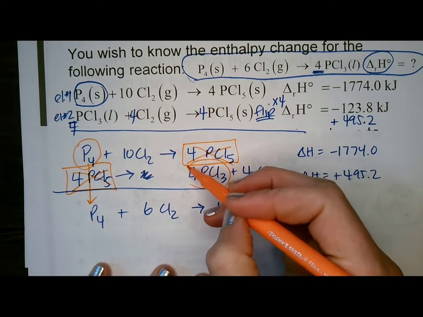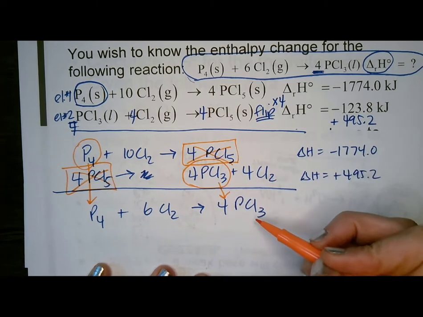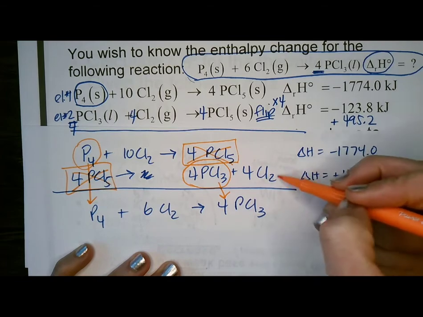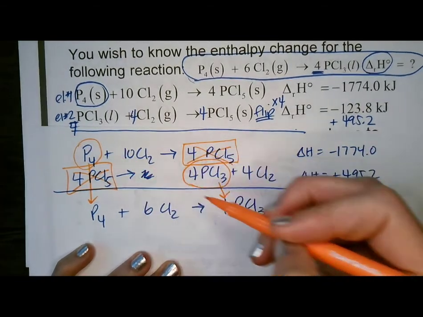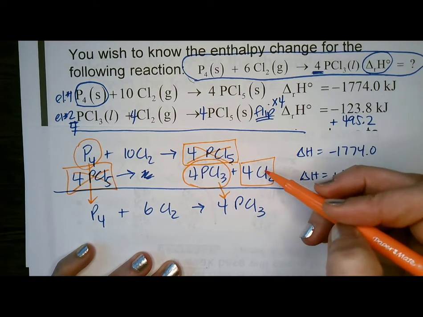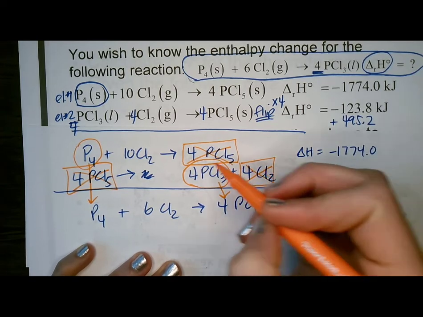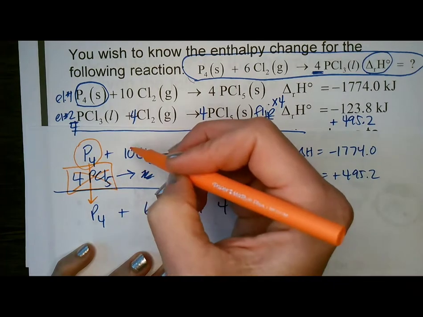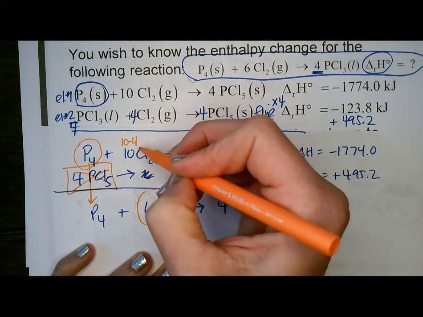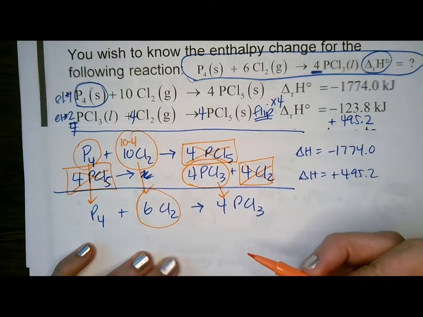On the right side of my arrow, I've got 4 PCl3s, good. Now notice I have 4 chlorines on the right and 10 chlorines on the left. Well, we're just going to simplify. If I get rid of 4 chlorines on the right, that means I need to subtract 4 chlorines on the left. So 10 minus 4 gives me 6, which is good. That's what I want.